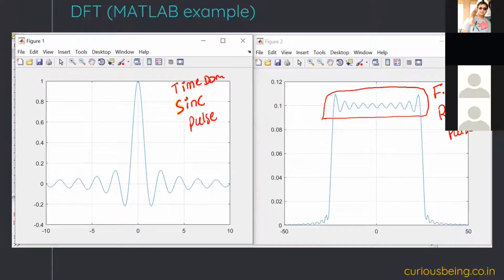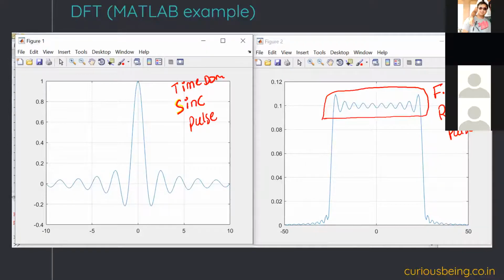Maybe because we are doing the windowing of this sync pulse. Correct. Because if we consider the complete sync pulse, it ranges from minus infinity to plus infinity. But here we are windowing the signal, so we are cutting it down. Windowing here means that ideally the Fourier transform is perfectly rectangular when the sync pulse is an infinite time sync pulse.